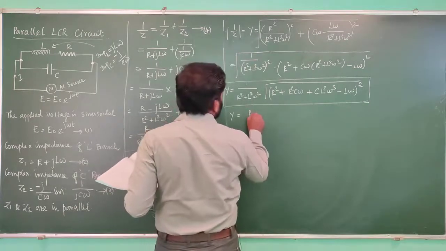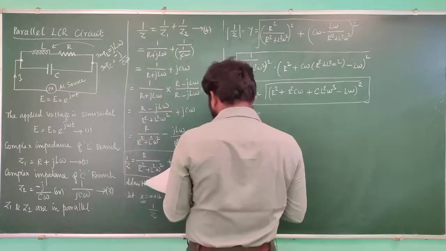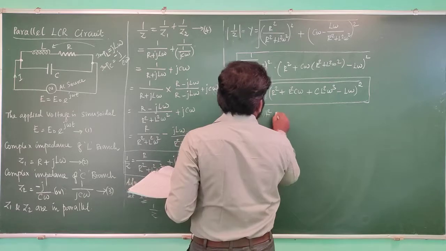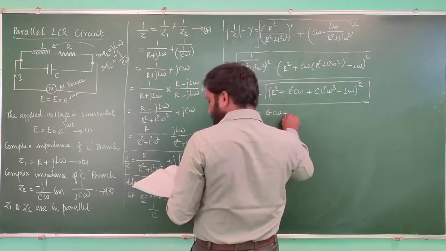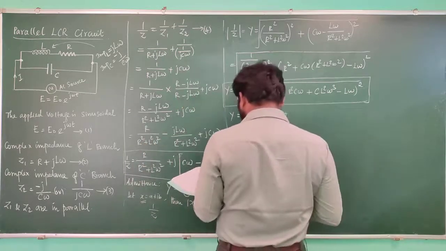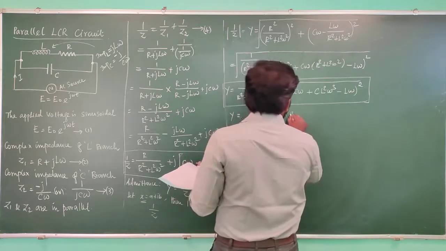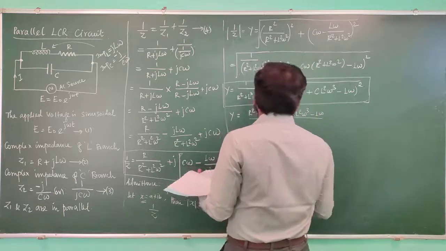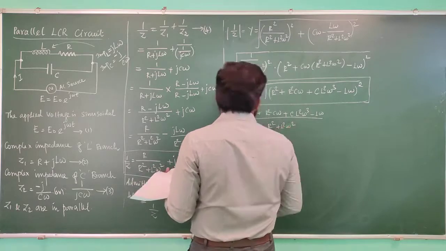You can write R square plus R square C omega plus C L square omega cube minus L omega divided by R square plus L square omega square.